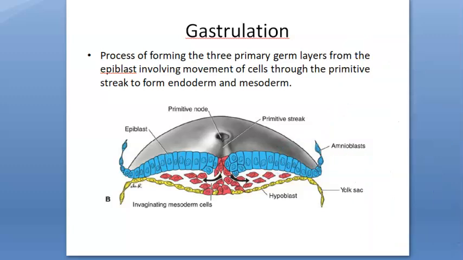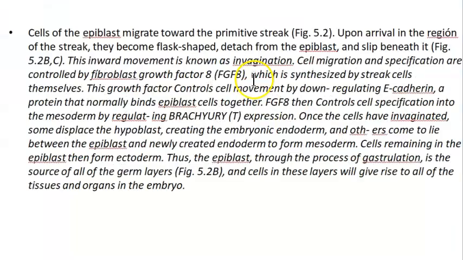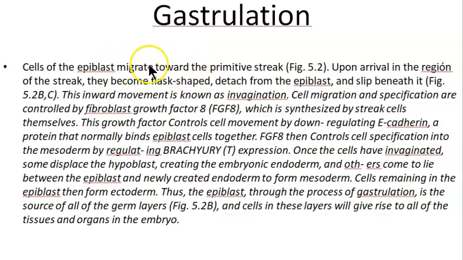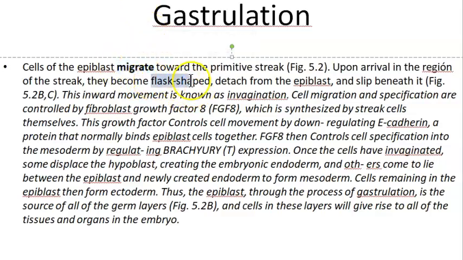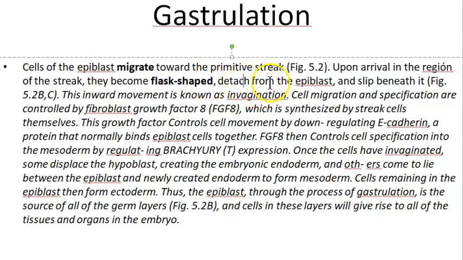So this is the fate of all these epiblast cells actually. I wouldn't say it's the fate of the primitive streak. Okay. Some terminologies that you have to use in the exam. Let us look at this. The word migrate should be there. They become flask-shaped cells.